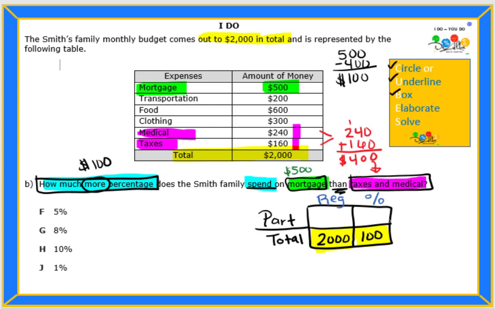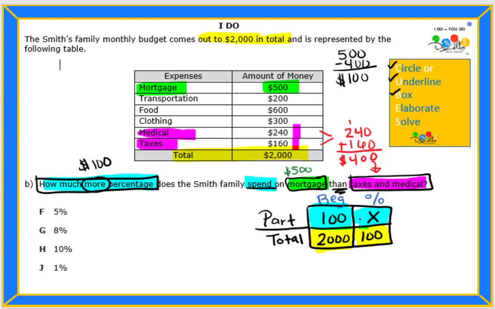But what we want to know is how much more they're paying on mortgage than on taxes and medical. So that amount we figured out was $100. And $100 is our regular number. But what we want to know is what percentage that would be. So we're going to go ahead and put our x there so we can figure out the percentage.